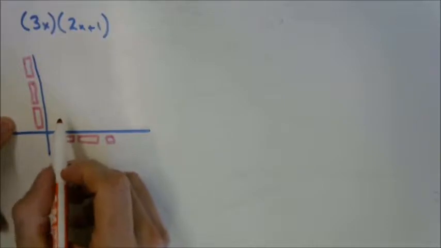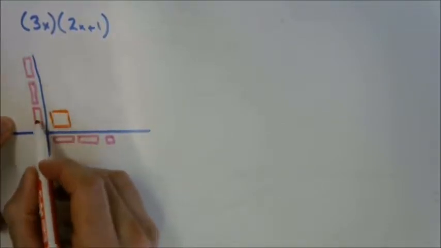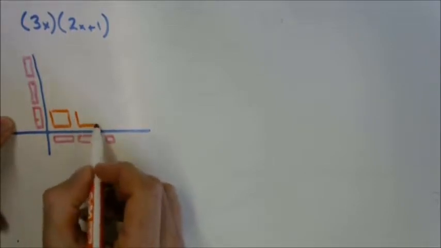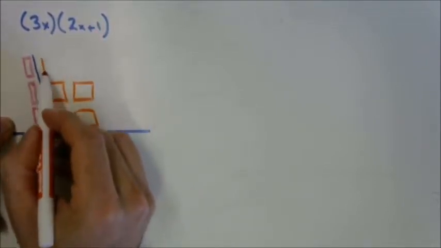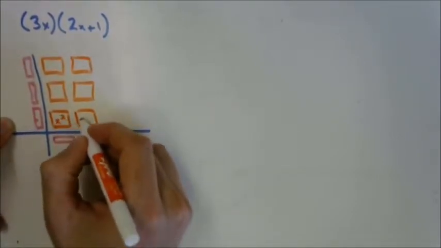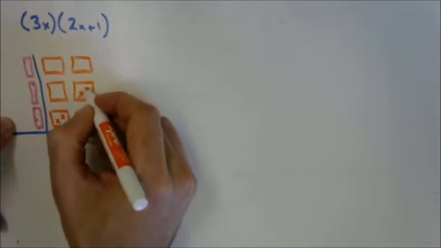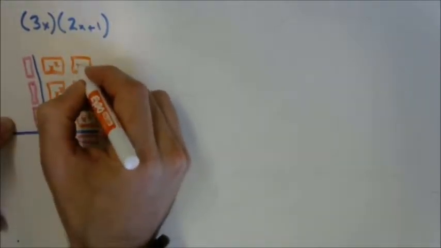Well, let's look at what happens. Here I have x times x, here I have x times x, here I have x times x, x times x, x times x, x times x. So these are all x squareds. All these big boxes are x times x, which is x squared.